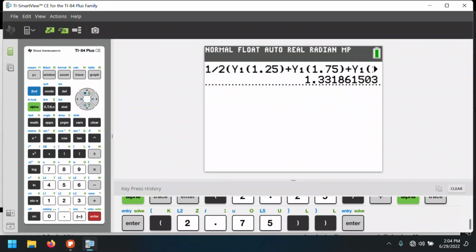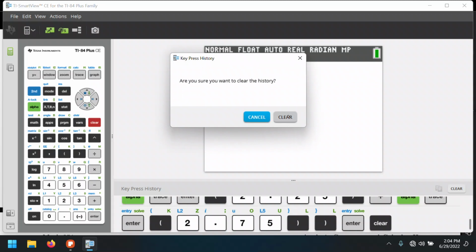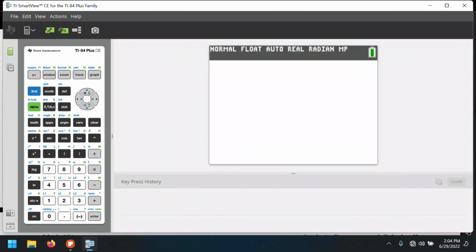Okay, so let's do this over here. Let me clear, and so that's 1/4, open parentheses.